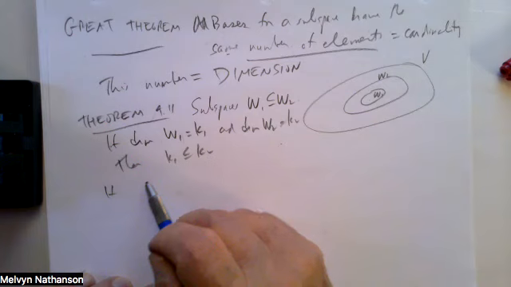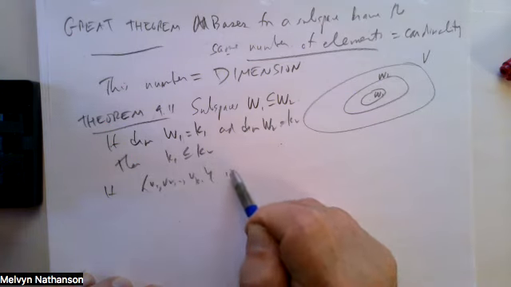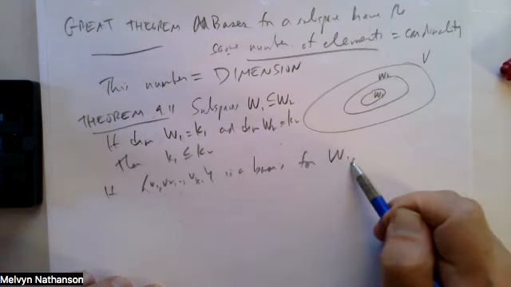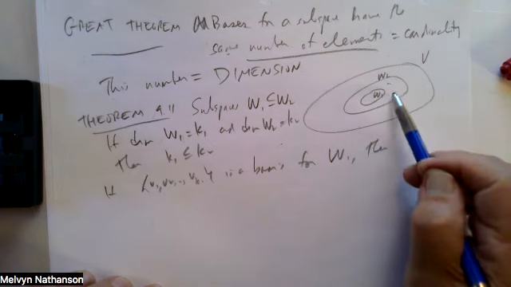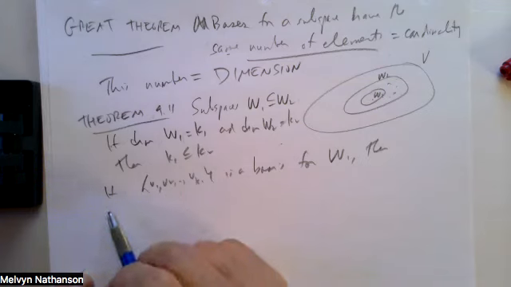And if V1, V2 up to V sub K1 is a basis for W1, then you can add vectors to that basis to get a basis for W2.